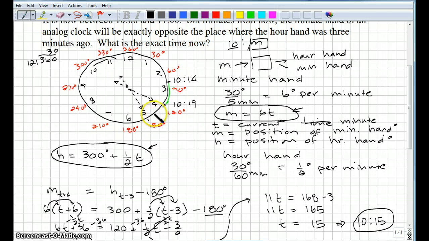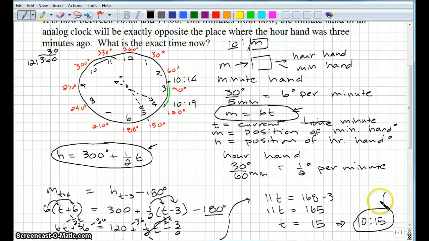We said that the hour hand has to be pointing somewhere between 10 and 11. So 6 minutes from now, the minute hand is pointing exactly opposite. So it has to be between the 4 and the 5. And if we subtract 6 minutes from that time interval, we got something between 10:14 and 10:19. And it turns out to be 10:15.